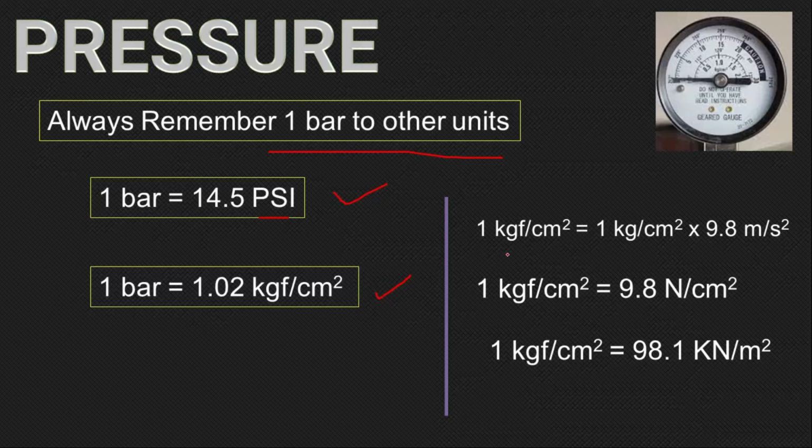Kgf per centimeter square is basically 1 kg per centimeter square into 9.8 meter per second square, which is acceleration due to gravity. Hence 1 kgf per centimeter square will be 9.8 Newton per centimeter square.